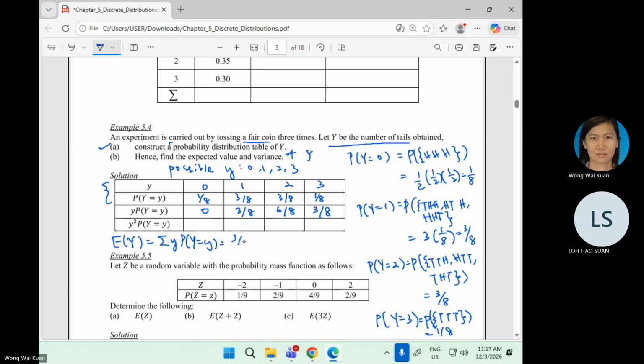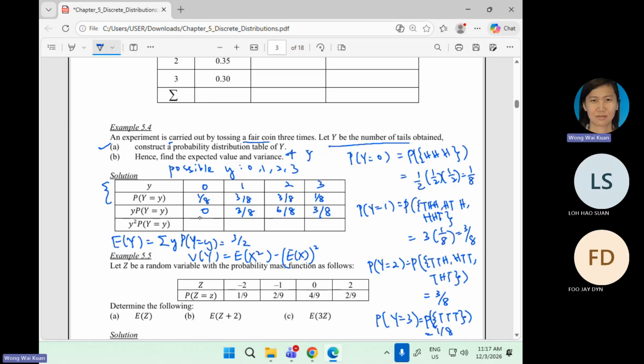Then I want to find the variance of Y, that is E(Y squared) minus E(Y) all squared, right? So E(Y squared) is, I multiply the probability with Y squared.